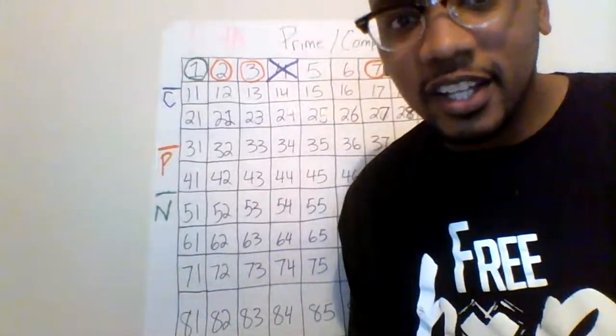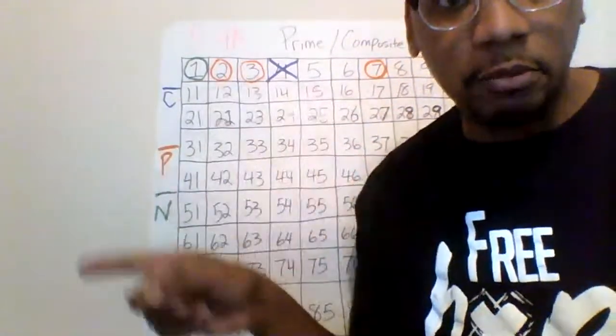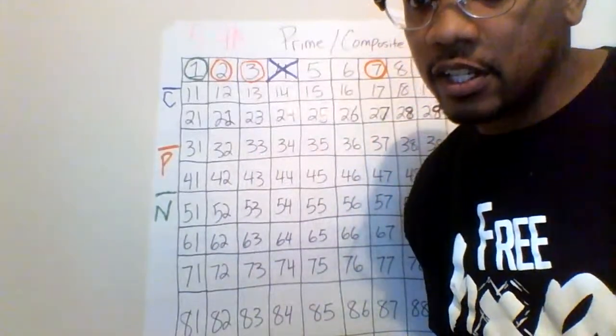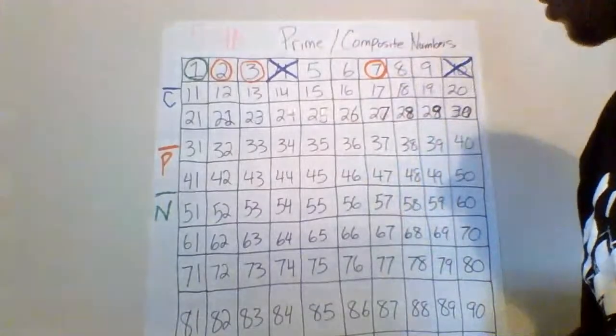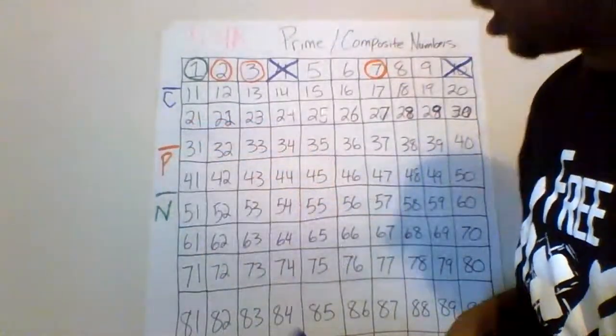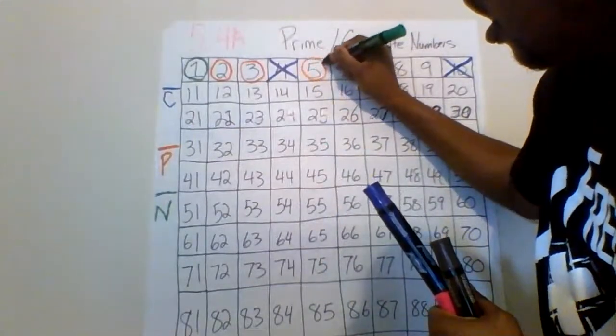Good, Chris. The number 5 is prime because I can only multiply 1 times 5. All right, good. Since 5 is prime, I'm going to circle 5 in orange.